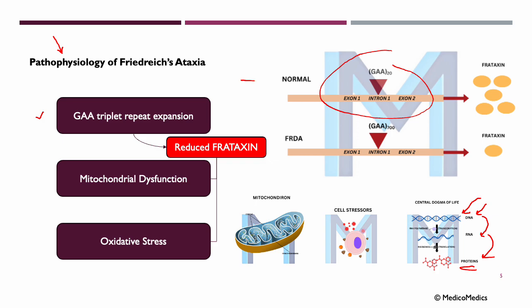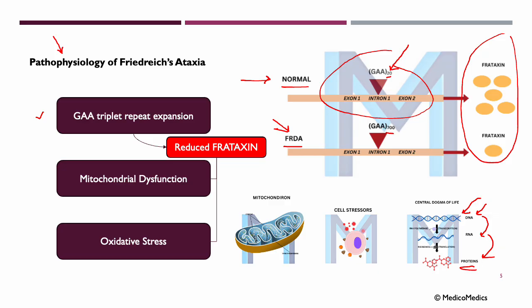And if you see here in this illustration, we have normal and we have FRDA, meaning Friedreich's ataxia. And aside from the outcome and a very specific detail written here as 20 and 700, the rest looks the same, because healthy individuals also have frataxin proteins.